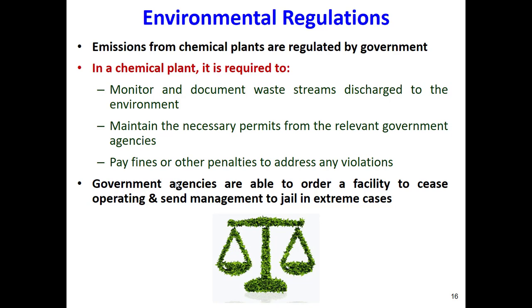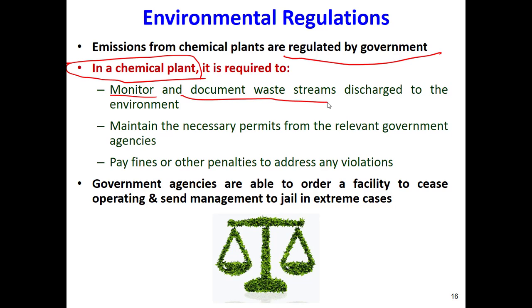Most of the time, the governments will regulate these things. For example, in a chemical plant, in chemical engineering, which is our field, the governments ask you to continuously monitor and document all the waste streams that you discharge to the environment: the contaminations, the amount of waste, what is included in your waste.